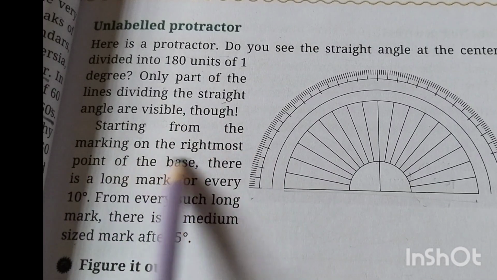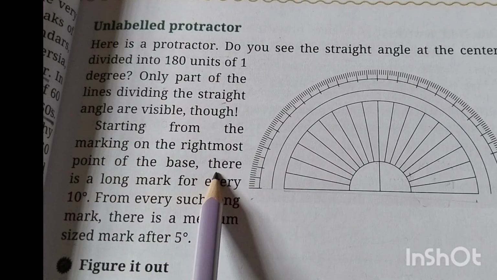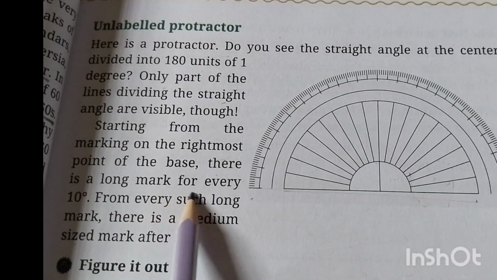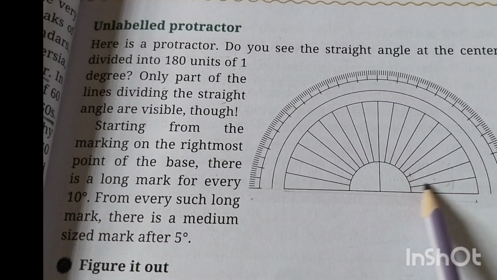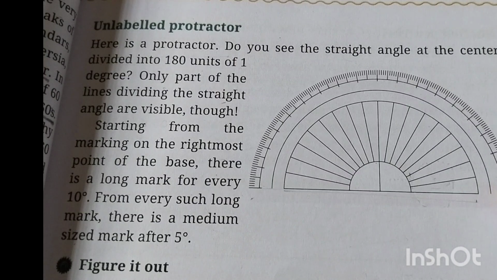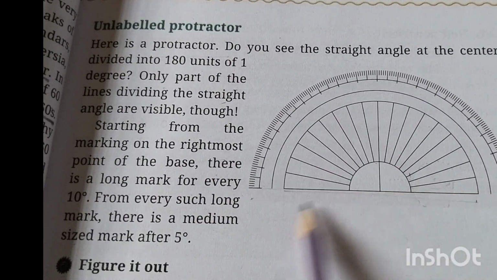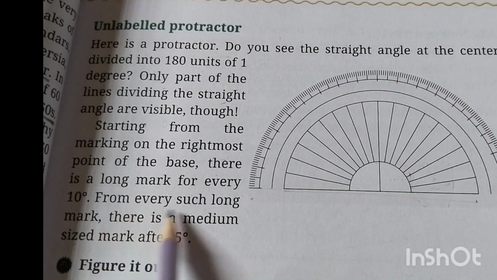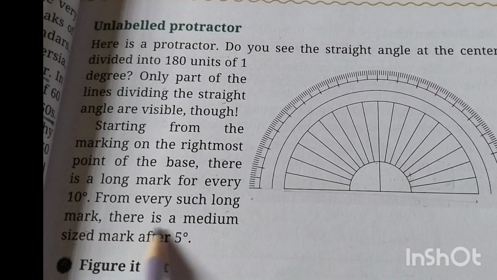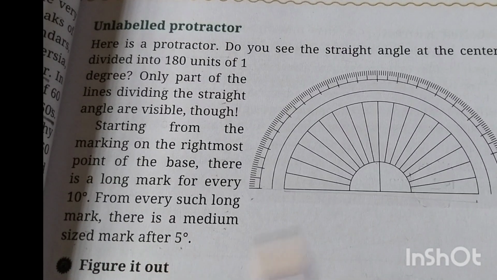Starting from the marking on the rightmost point of the base, there is a long mark for every 10 degrees. From every such long mark, there is a medium sized mark after 5 degrees.